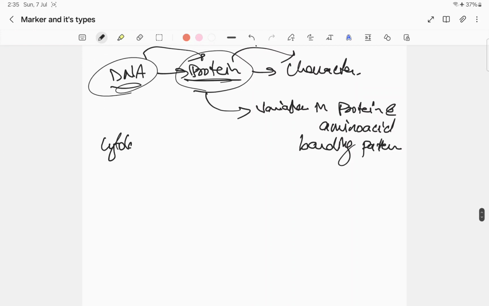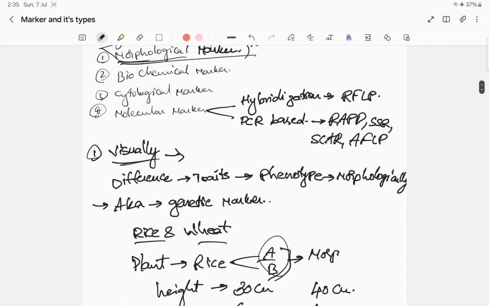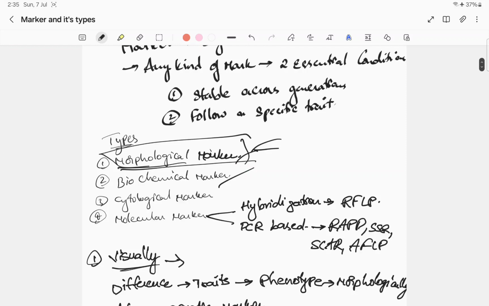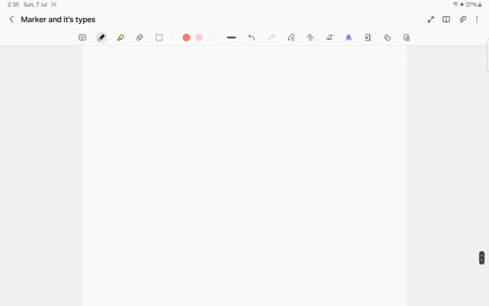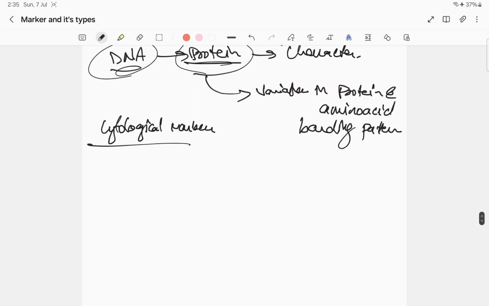Cytological marker. First one and second one is completed. Now the third one is cytological marker. What actually is cytological? Cyto means cell, right? Based on, as the name depicts, based on cellular features.